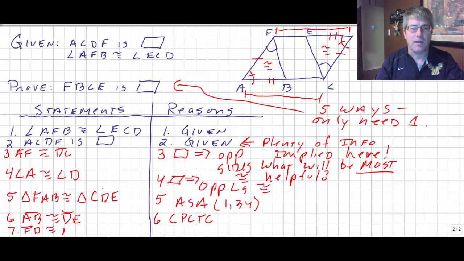FD is congruent to AC because opposite sides of a parallelogram are congruent, so that is going to be the same as 3.